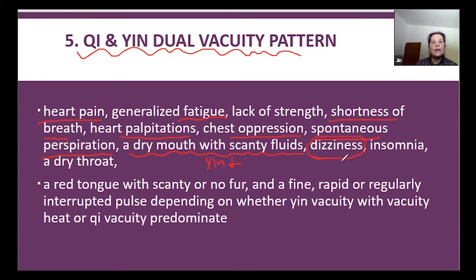Qi deficiency can cause it, and yin deficiency can cause it too. Insomnia in this case is usually caused by yin deficiency, and dryness too. A red tongue with scanty coating or no coating still indicates deficiency.